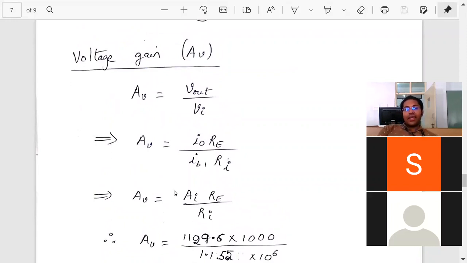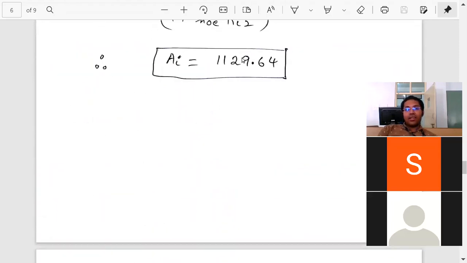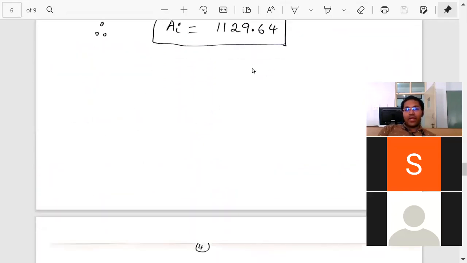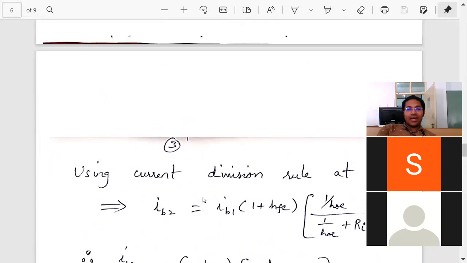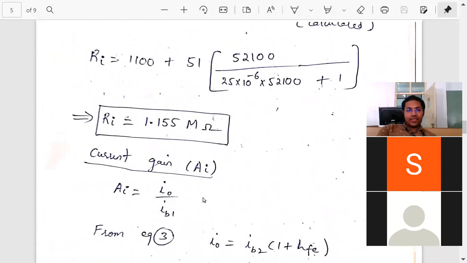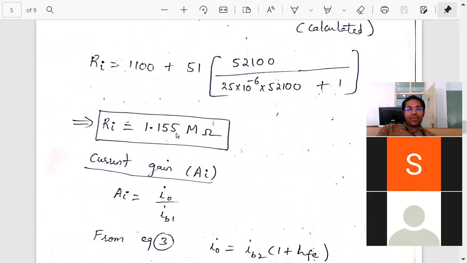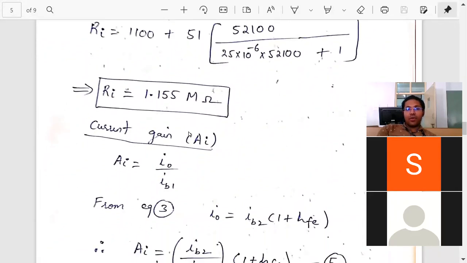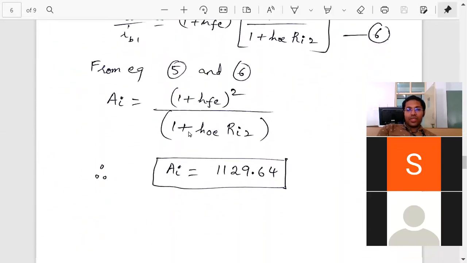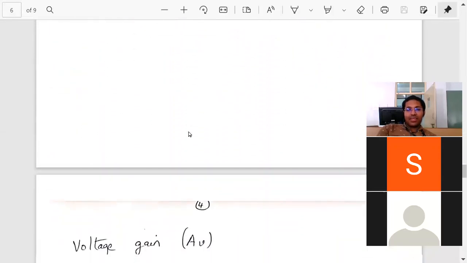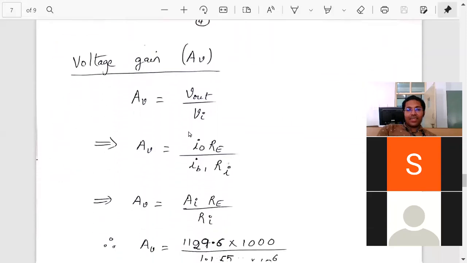AI, just now we got 1129.6. RE is 1 kilo ohm. RI we got 1.155 mega ohm. So substituting these values, please tell me what result you are getting.